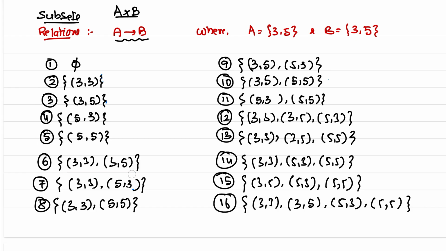From this list, I have to find out how many are functions and what they are, how many are reflexive relations, how many are symmetric relations, and how many have transitive relation between them.